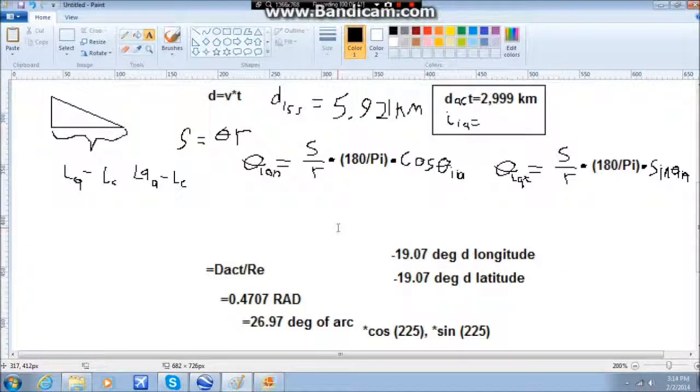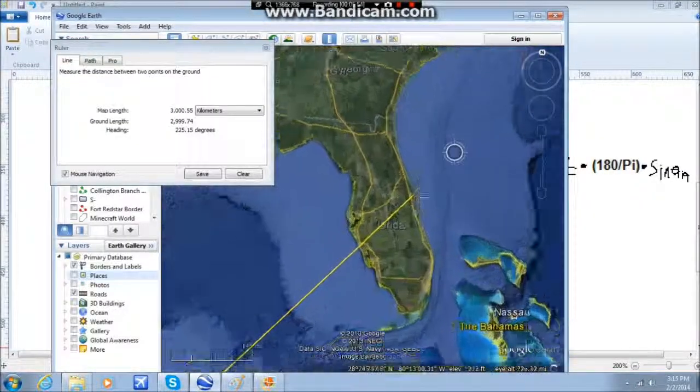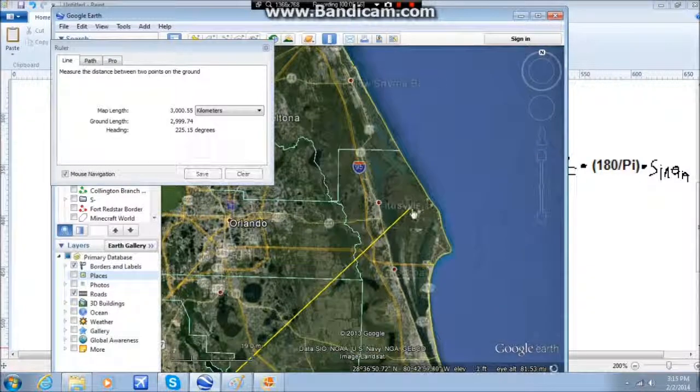So, all that's left now is to take the values that we have for the Kennedy Space Center and subtract 19.07 from both. So let's find the Kennedy Space Center, and let's find the latitude and longitude.